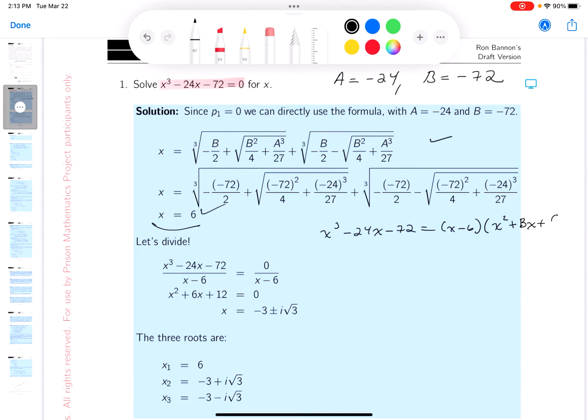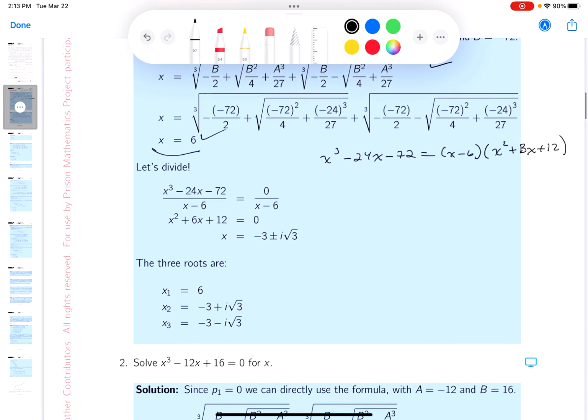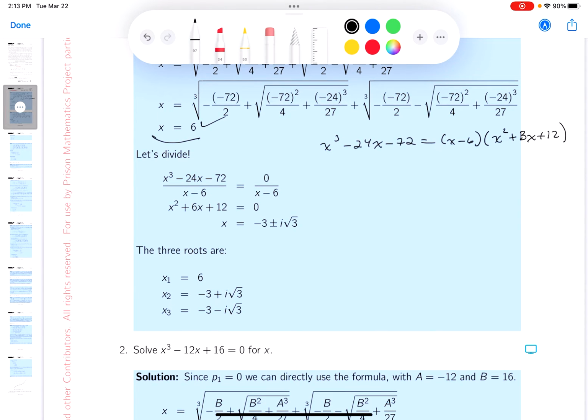And yes, we've done this before too. Well, it has to be, what? That has to be 12, right? Why is that? I need to get x cubed, that's for sure, and I need to get minus 72, and I get those. What's the b, though? Well, let's go through it. I'm going to do it by equating coefficients. And really what I've got to do is look at the linear term.